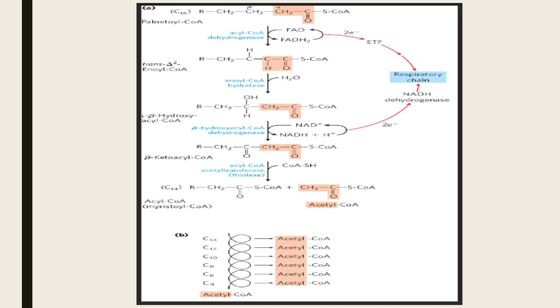The steps are repeated until you have a 4 carbon acyl CoA that is then cleaved to produce 2 molecules of acetyl coenzyme A.